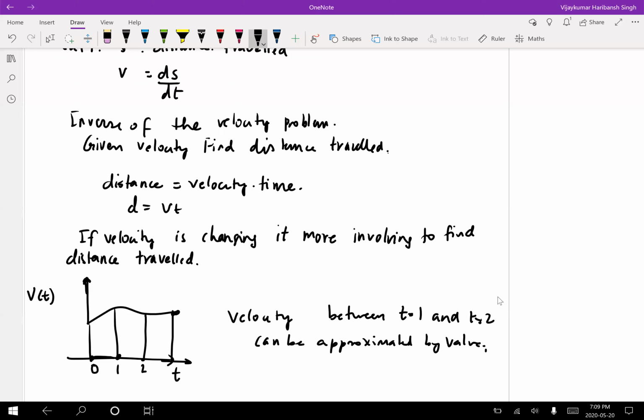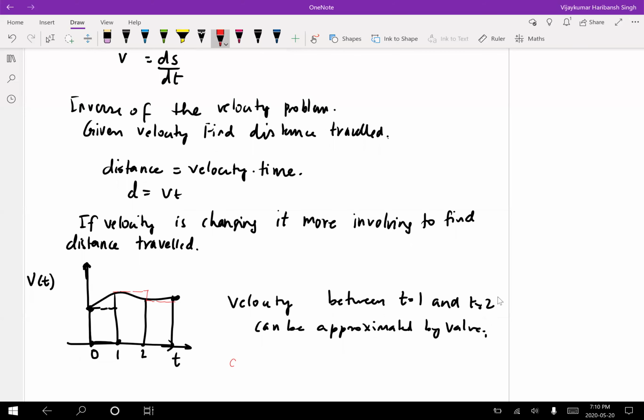Let's say, for example, in this case, we take the left hand height. So this is your velocity. Say you approximate the velocity on the whole interval by this guy. Here, if you approximate the velocity by this guy, and on this interval, you approximate the velocity by this guy.